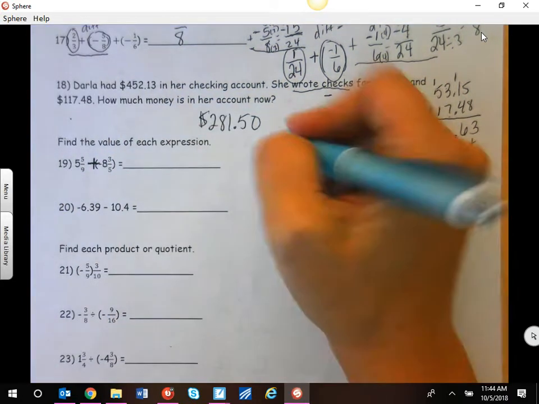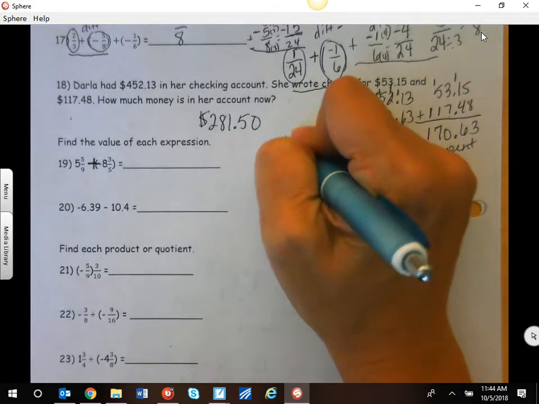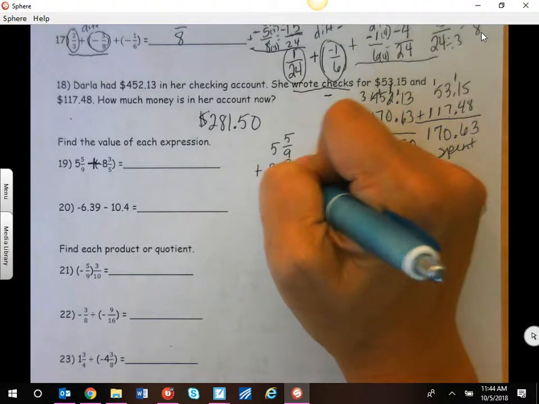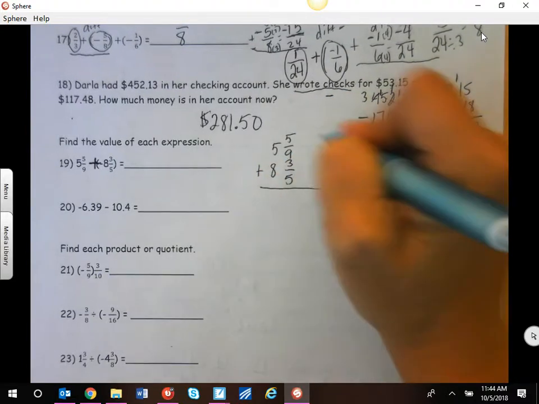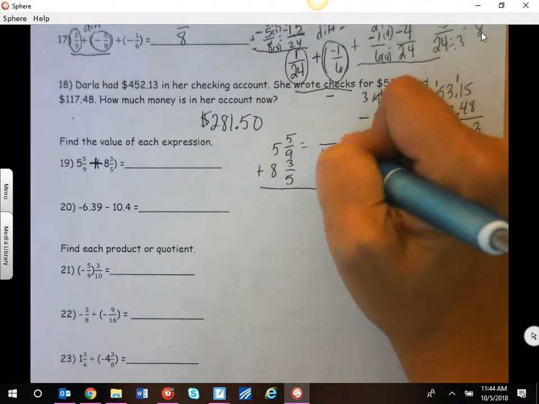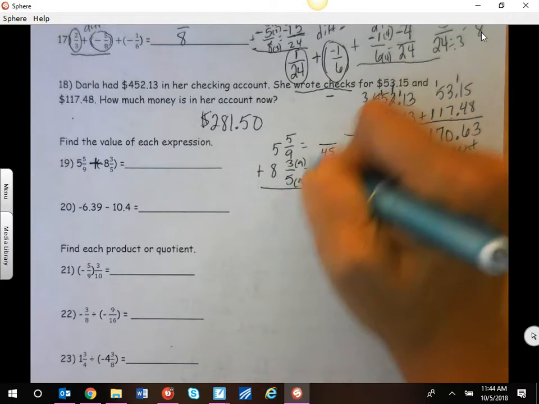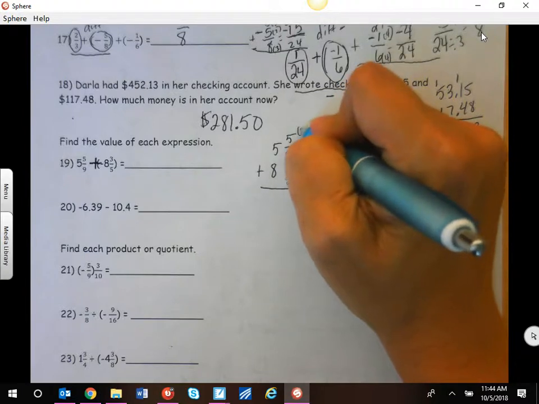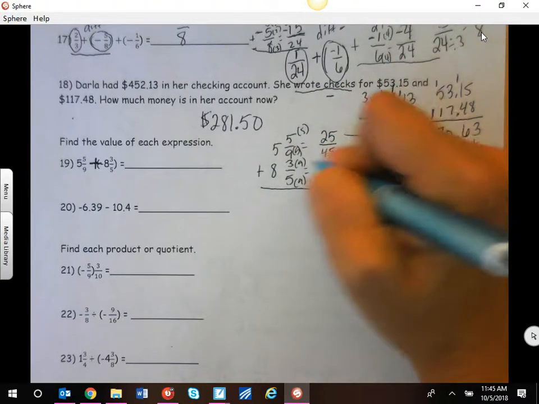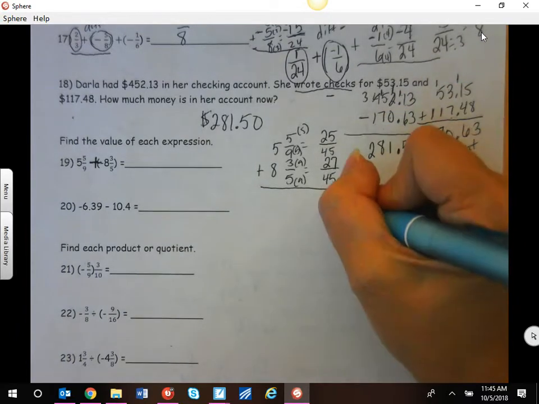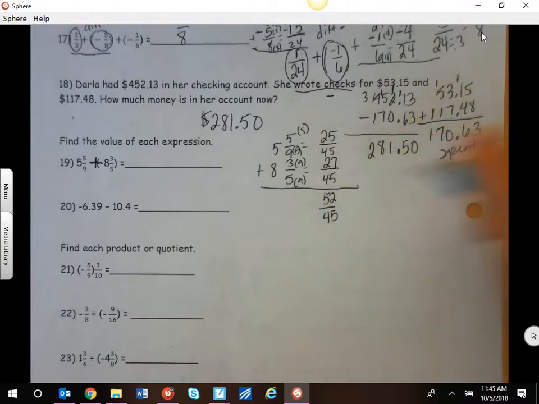5 and 5/9 plus 8 and 3/5. You need a common denominator. It would be 45, times 9 times 5. So that's 25/45 plus 27/45. That is going to be 52/45. Now that is improper.